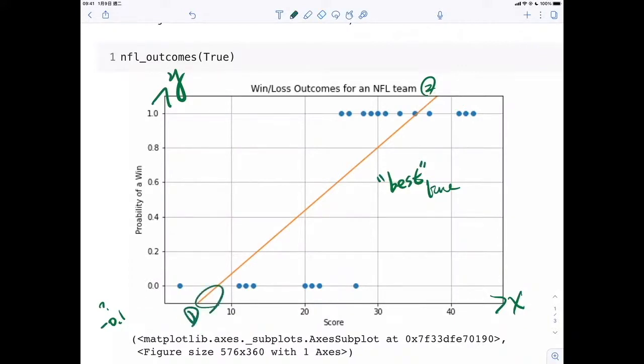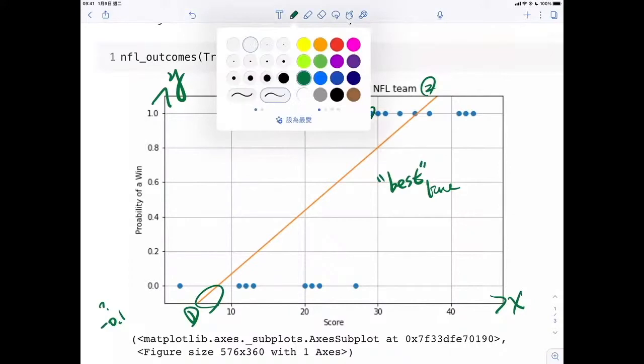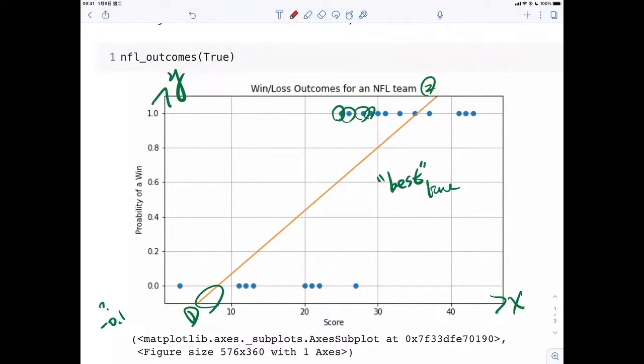The other thing is we simply plot those game data using the blue points here. And you can see that this orange line does not quite fit these dots. If I'm trying to draw a line, it might look like this. If I get a higher score, my winning possibility will be high.